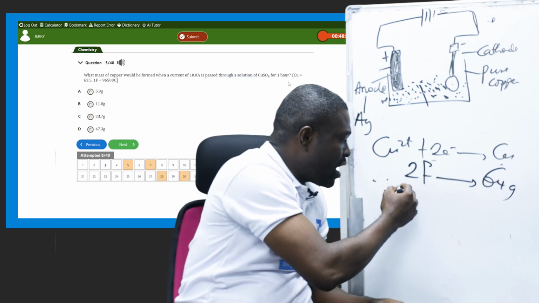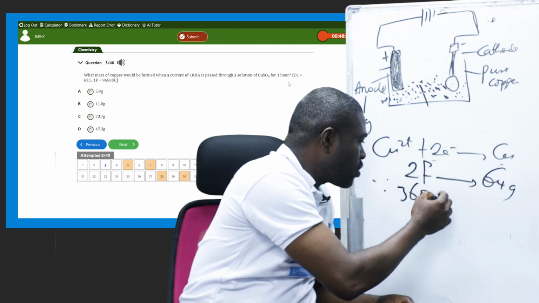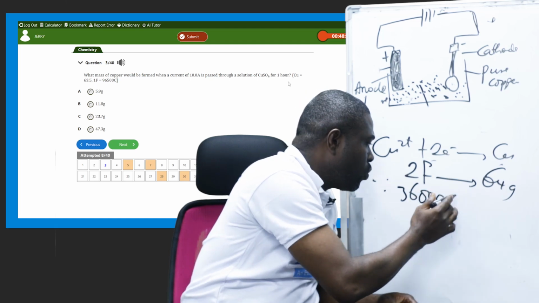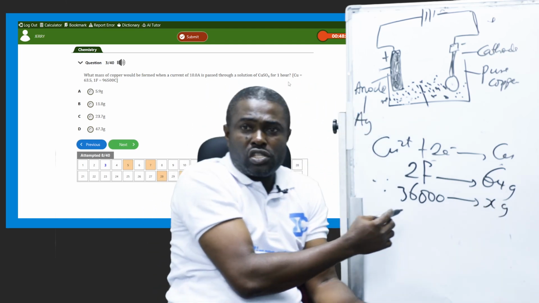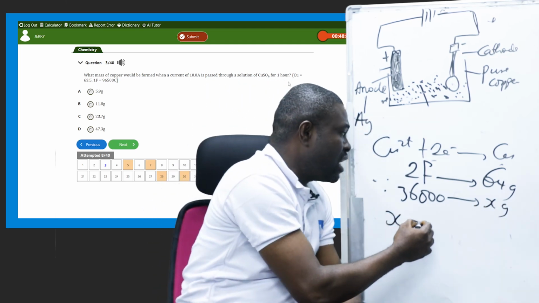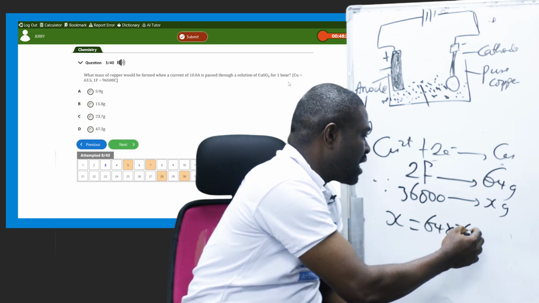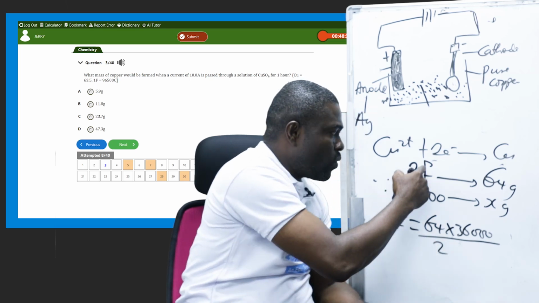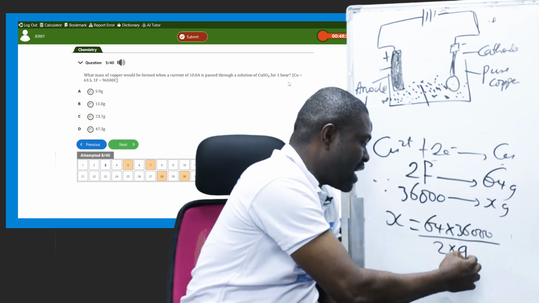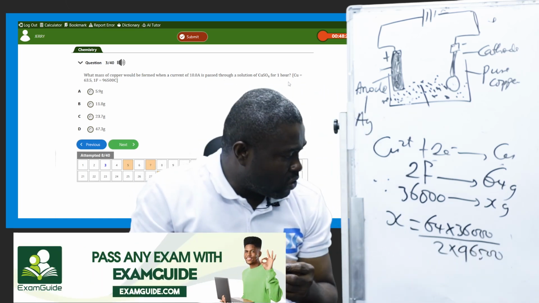So meaning that 36,000 coulombs of electricity will give me the mass. By the time I make the mass the subject of the formula, I have mass equals 64 times 36,000 all divided by 2 Faraday. What is Faraday? It's a constant, 96,500 coulombs.